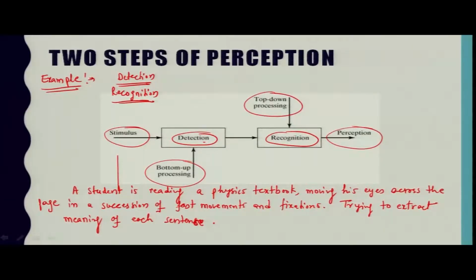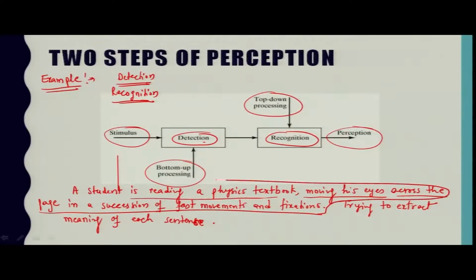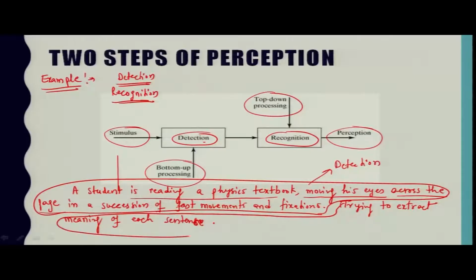So when he is reading a physics textbook, moving his eyes across the page in a succession of fast movements and fixations, that is detection. And once he is trying to extract the meaning of the sentence, that can be termed recognition.